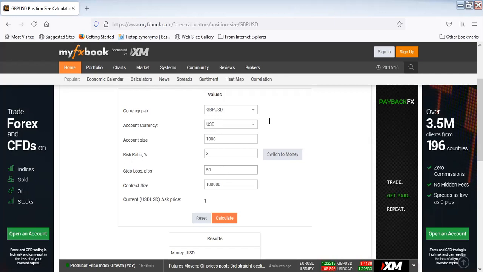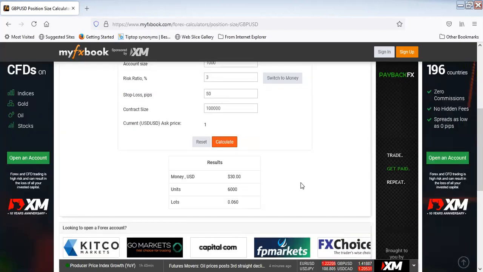Once that is done, she'll click on calculate. Now, 3% of $1,000, let's see the results. It means that this woman is only risking $30 in the forex market.